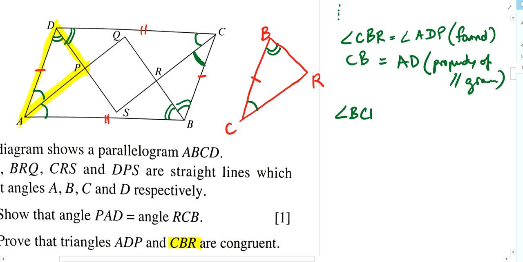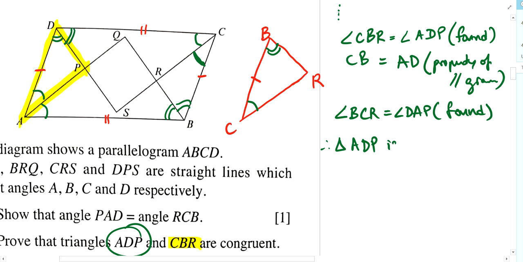Angle BCR. Okay. Found. Yeah, we found it in part A. Then? Why you DAP? We already have ADP in the question. Follow exactly the question. Triangle ADP is congruent to triangle CBR.